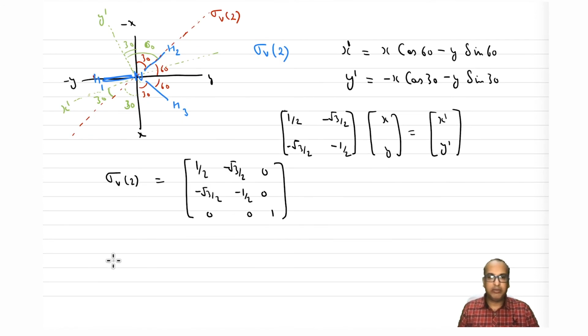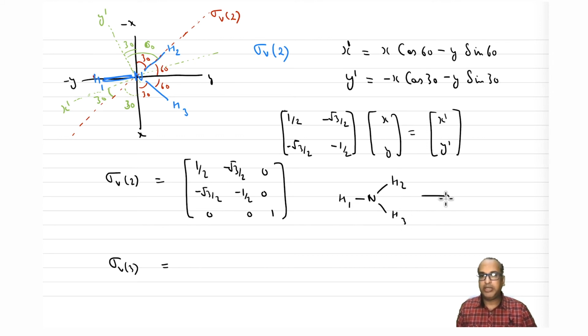Now let's see how we write sigma v3. Can we write sigma v3 in terms of the product of sigma v1 and sigma v2? Let's do this operation. If we have NH3, I'm showing it from the top.